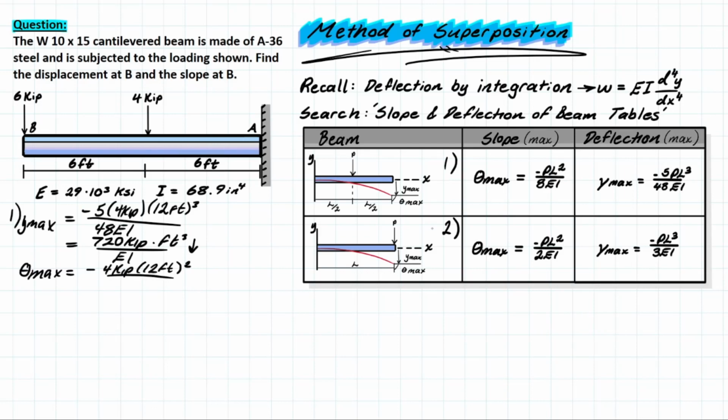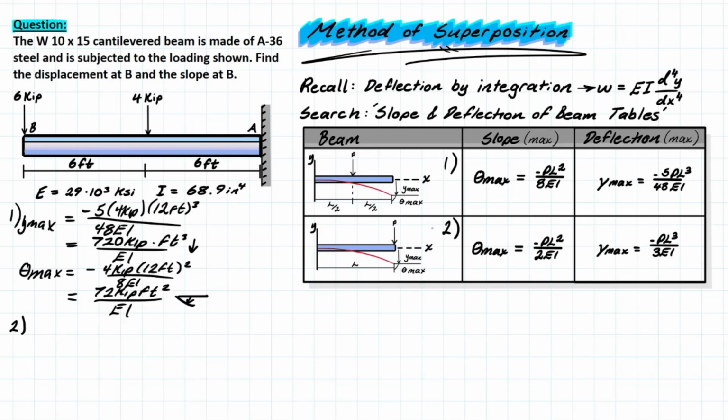And all of that is over 8 EI. And then simply solving for that, we have 72 kip foot squared this time over EI. And our slope is going to look something like this, where we are sloping below the x-axis.